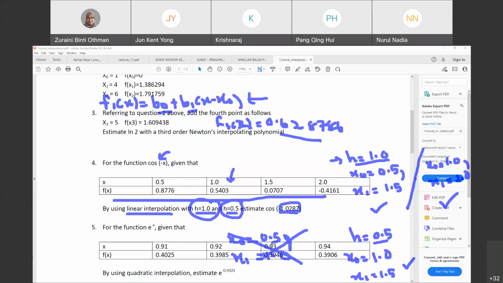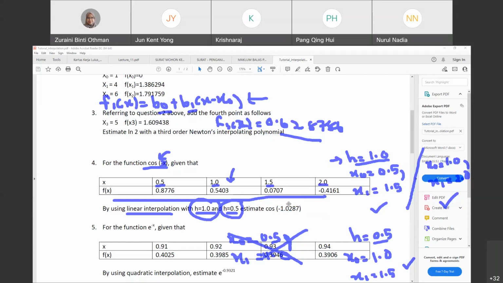Doctor, can you explain one more time? Yes. Not quite. Now here we have our equation cos negative X. So refer to this kind of X. Our X is 0.5, and the data we have are 1.0, 1.5 and 2.0. But the question asks us to find cos negative 1.0287.